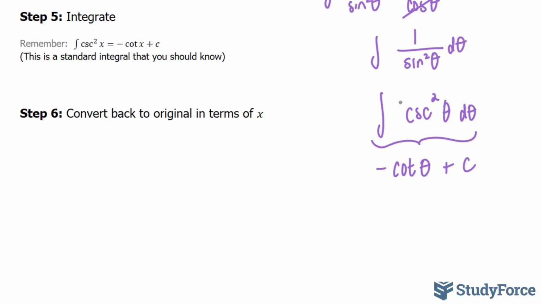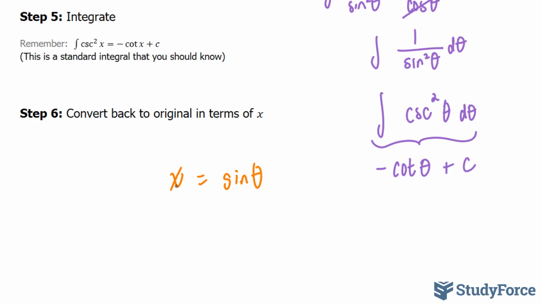In the last step, we are asked to convert back to the original in terms of x. Now this step is usually the one that's most complicated for students. You just have to remember what you set x to at the beginning. At the beginning, we set x to 1 times sine theta, or in other words, sine theta. What I'll do now is isolate for this theta, and that's not hard to do.